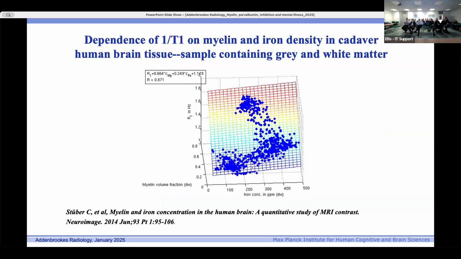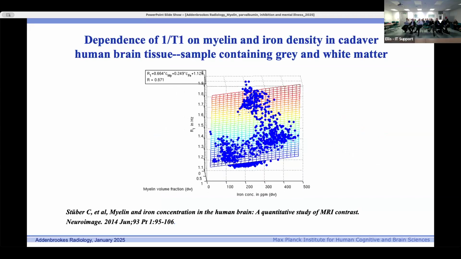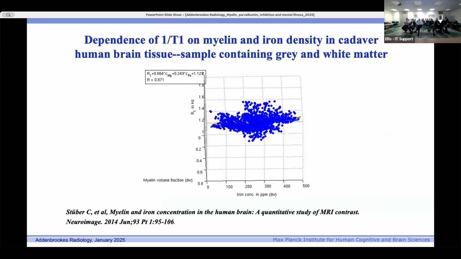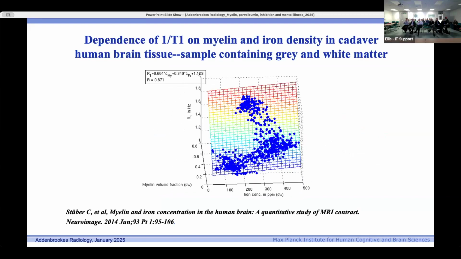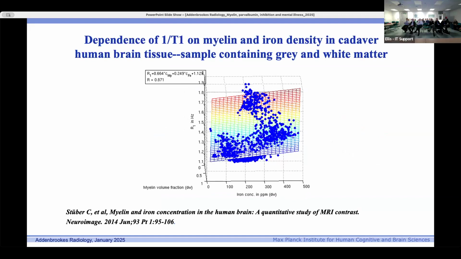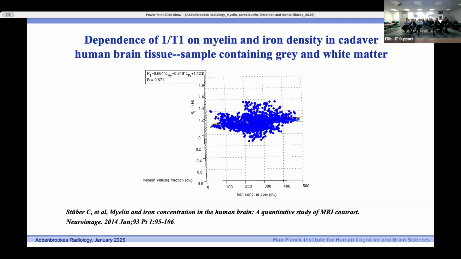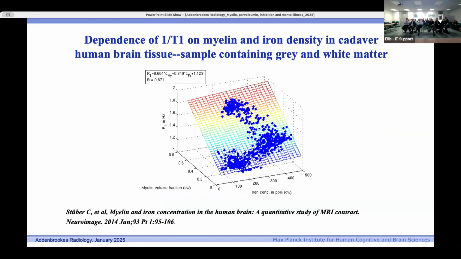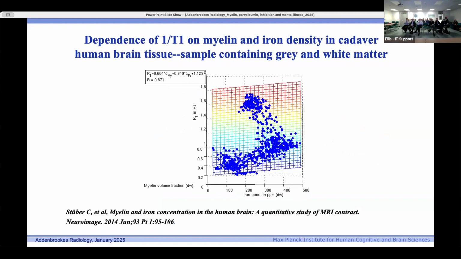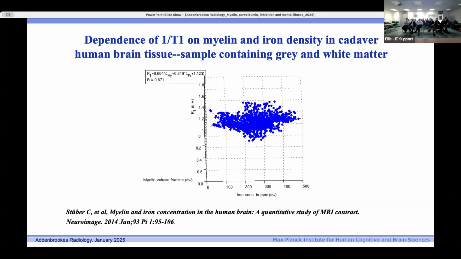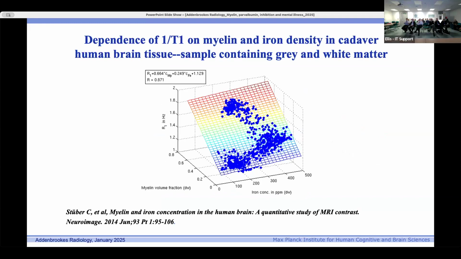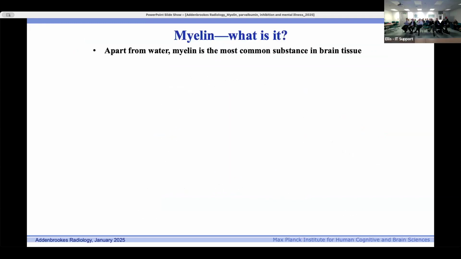And when he did this, he was able to compare the value of 1 over T1, that's R1, with the iron and myelin in this very decent sized sample of brain tissue. And he found that there's a beautiful linear relationship between R1 and the concentration of myelin. So that's a good way of getting at myelin, measuring T1.